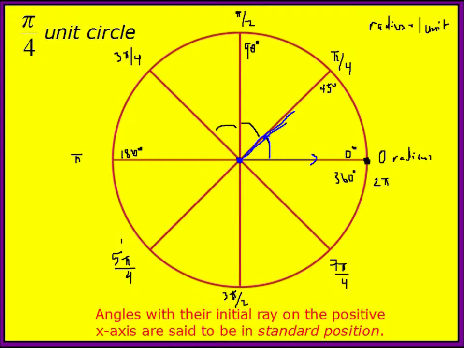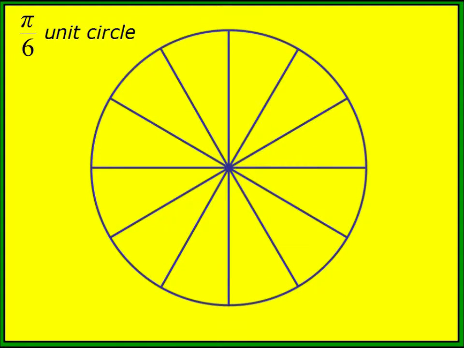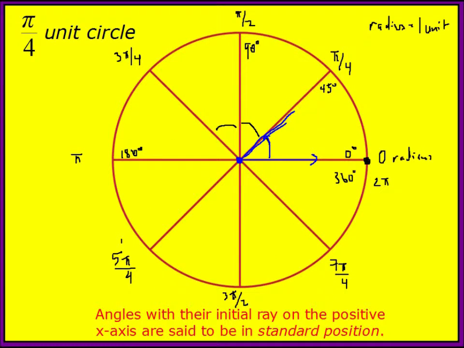We've got now to look at some pi over 6 angles. So really there's two sets of circles that we're going to be looking at: the pi over 4 unit circle and the pi over 6 unit circle. And really for our purposes in math, these are primarily the angles that we'll be needing.